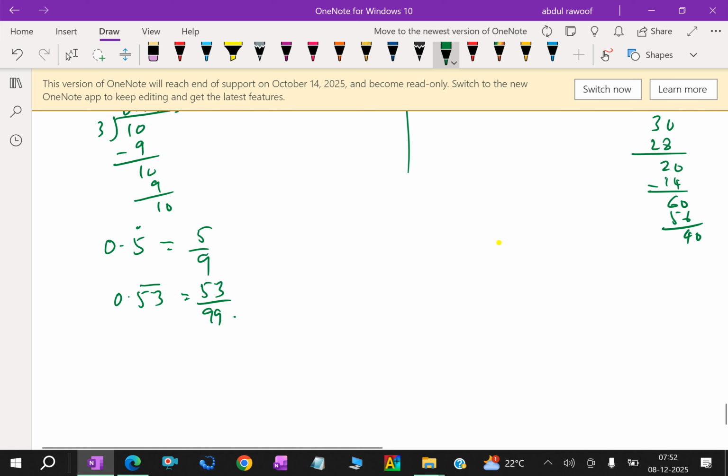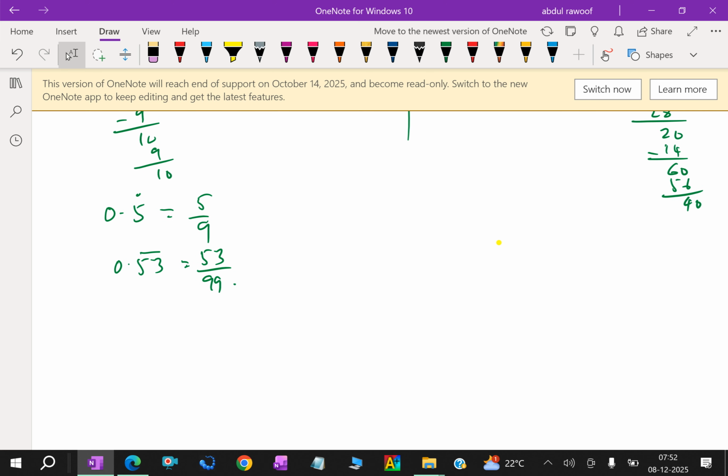Now, mixed recurring decimals. What are mixed recurring decimals? Look here.